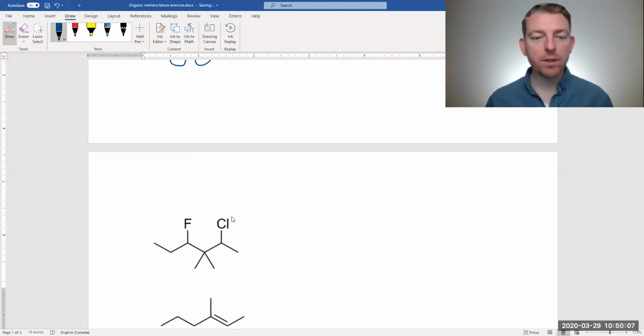Okay, so here we have two substituted halides, so a fluorine and a chlorine. And we also have two methyl groups. So this dimethyl seems to be a series here. Okay, so there's no particular functional group that's going to take dominance.